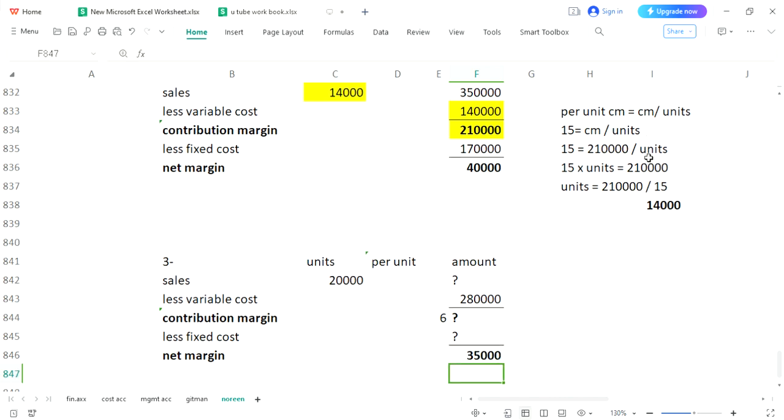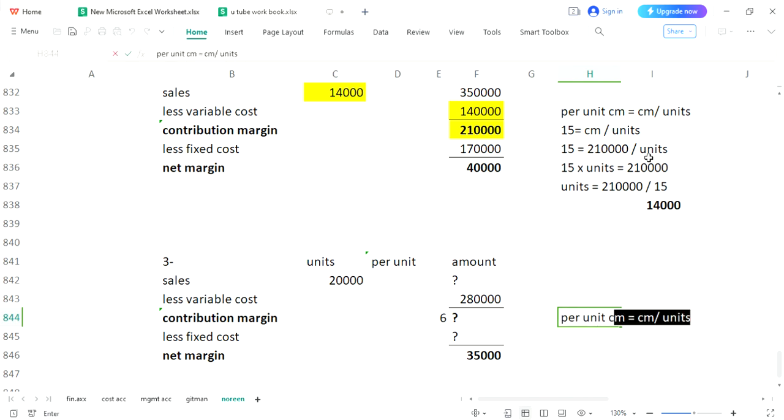So look at the shape. We don't have fixed cost. We don't have contribution margin. We have variable cost, and per unit is missing. The number of units is missing. So here we will be using the same formula. Per unit CM is equal to CM divided by number of units. Look at this.